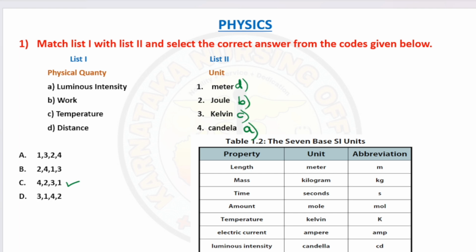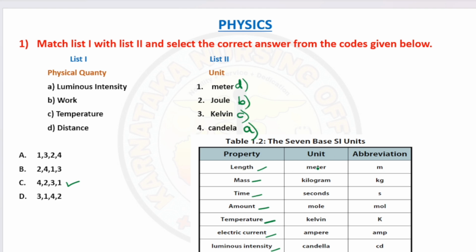So here I have taken 7 quantities as length, mass, time, amount, temperature, electric current and luminous intensity. Here these 7 fundamental quantities are measured with international standard units, that is SI units.